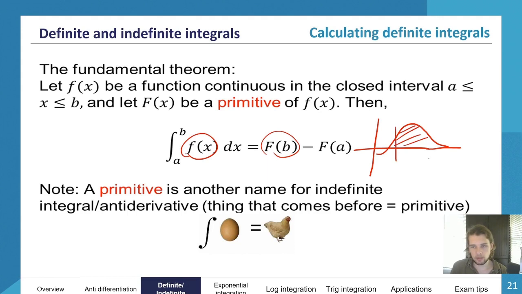So if we put lines here, and we said this is a and this is b, and this was f(x), then we would be finding this area in here. And that's what this is actually useful for when we're applying it.